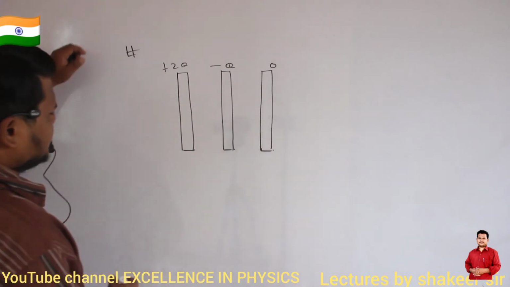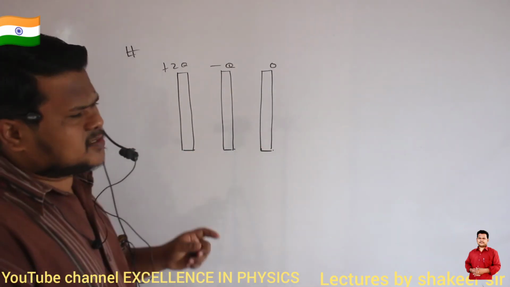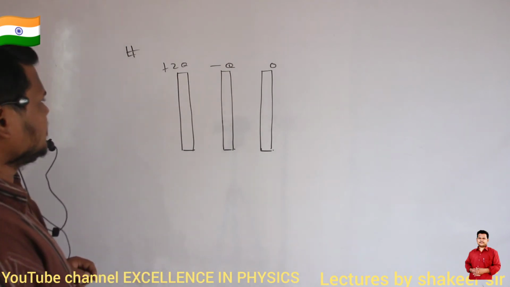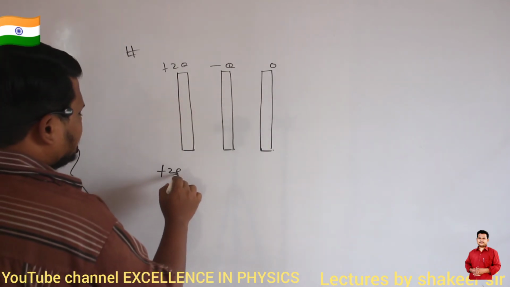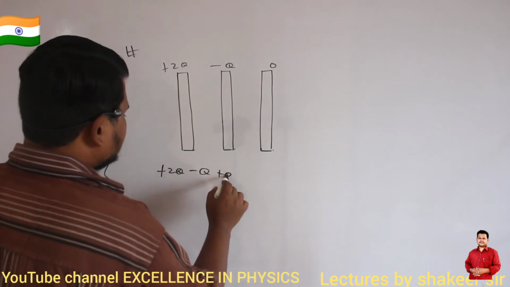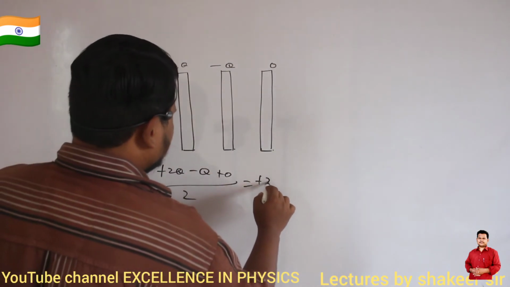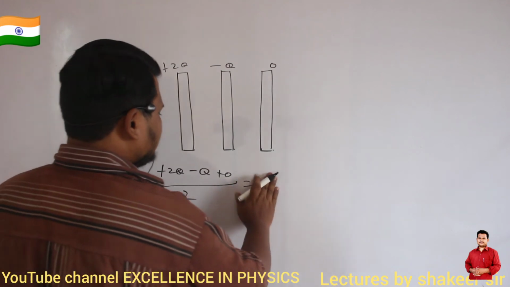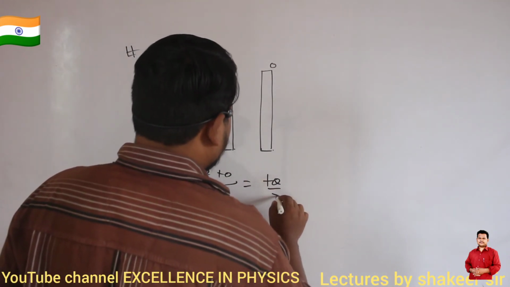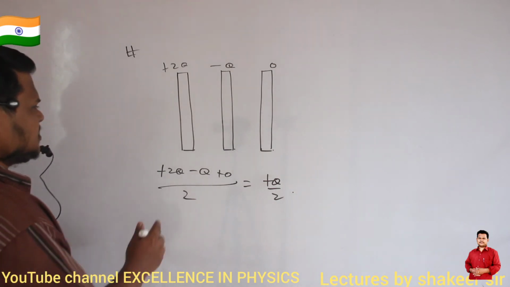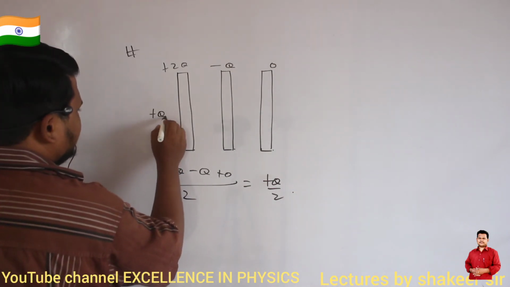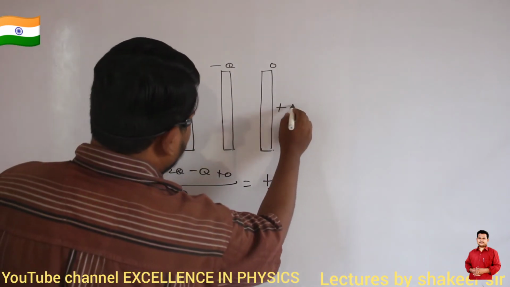We have already discussed this. What is the charge present on the extreme ends of these plates? That can be calculated by adding all the charges and dividing by 2. So plus 2Q minus Q plus 0 divided by 2. Plus 2Q minus Q is how much? Plus Q. So plus Q divided by 2 will be the charge present on the extreme ends.